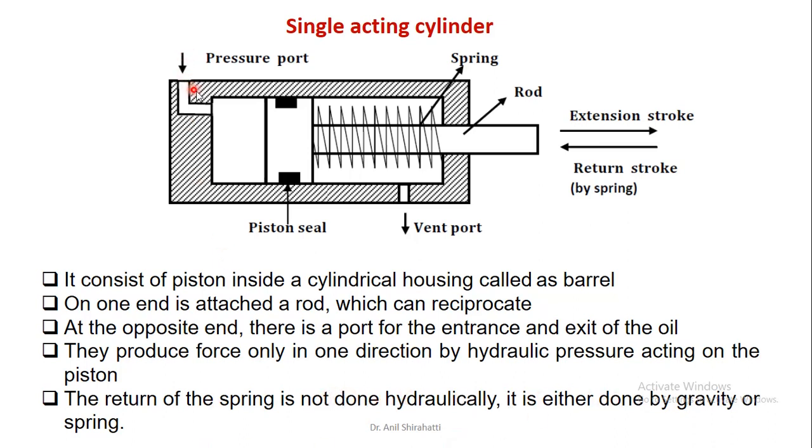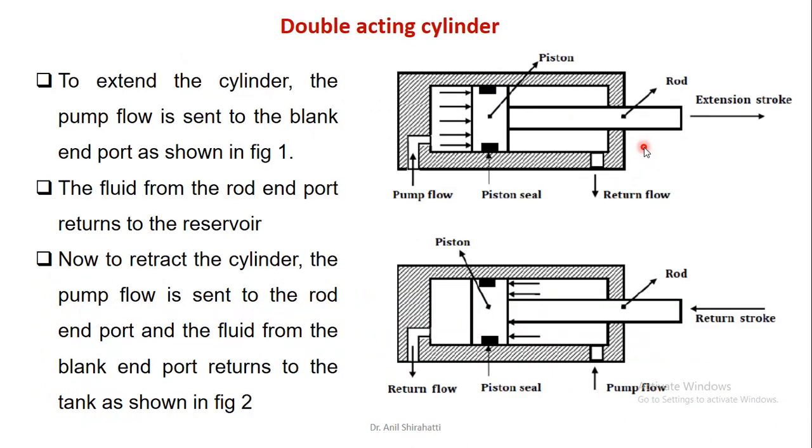So what happens? The pressure comes inside and pushes the piston, and once it reaches the end, the spring brings it back to the initial position. So both extension and retraction happen at this side. Next is the double acting cylinder.